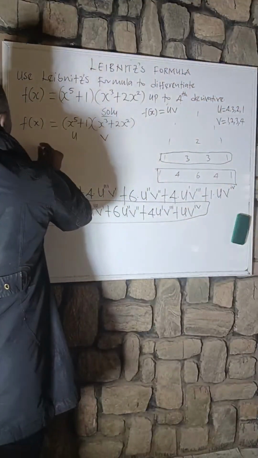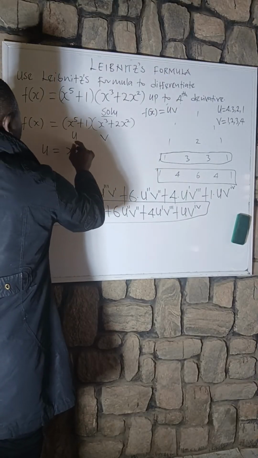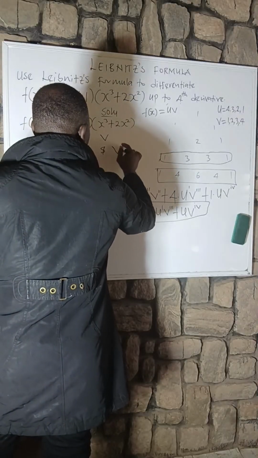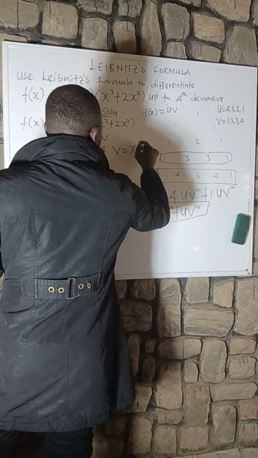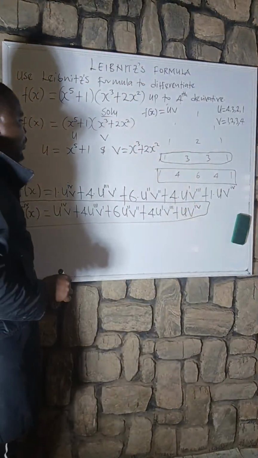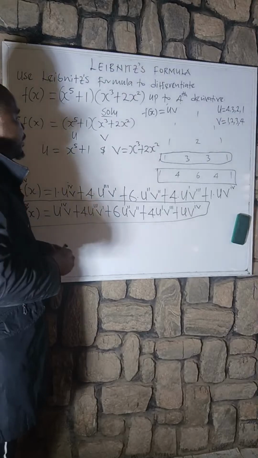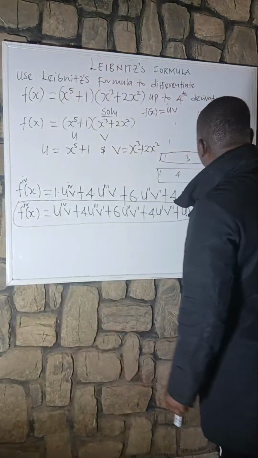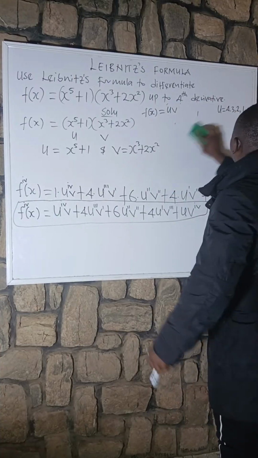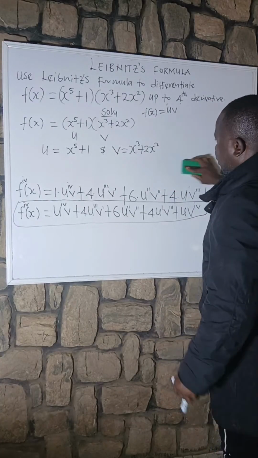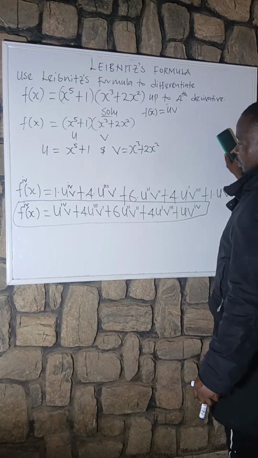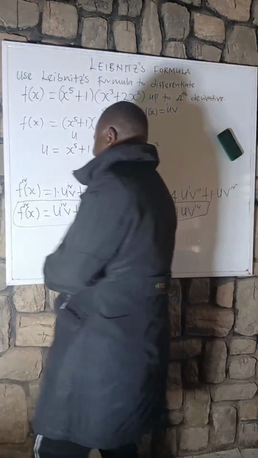That is, your u will now be equal to x raised to the power 5 plus 1, and v will now be equal to x raised to the power 3 plus 2x squared. So I need to clear this so that it will be convenient for us. Let me write it down here.